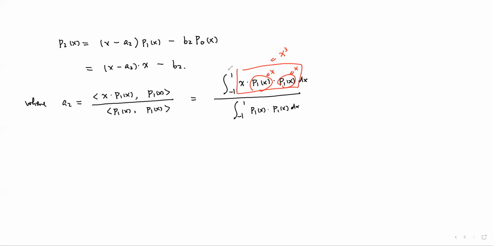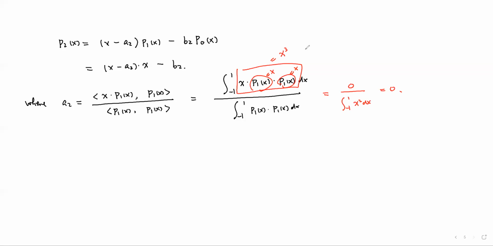The integration interval is symmetric about 0, so the numerator is 0. You can compute the denominator, x squared, but anyway this is 0. So A2 is 0.